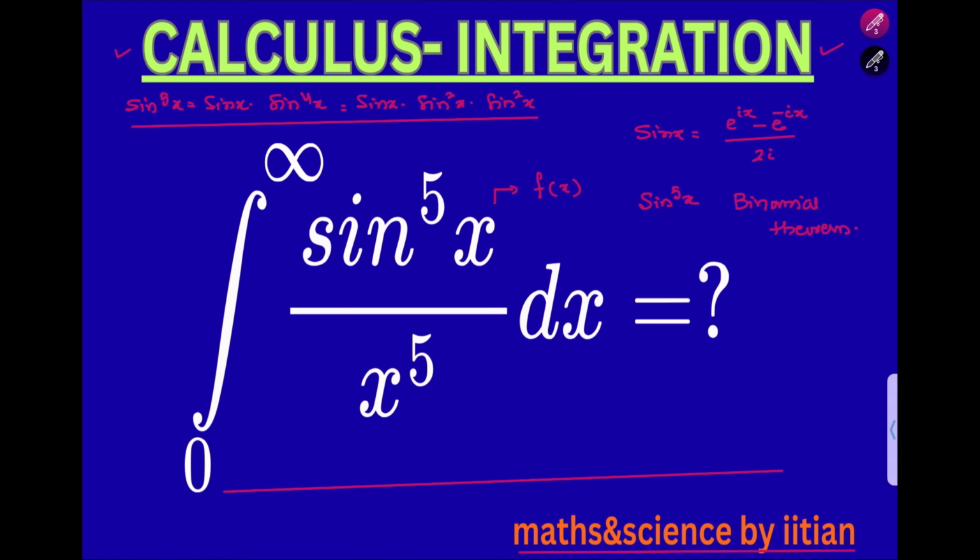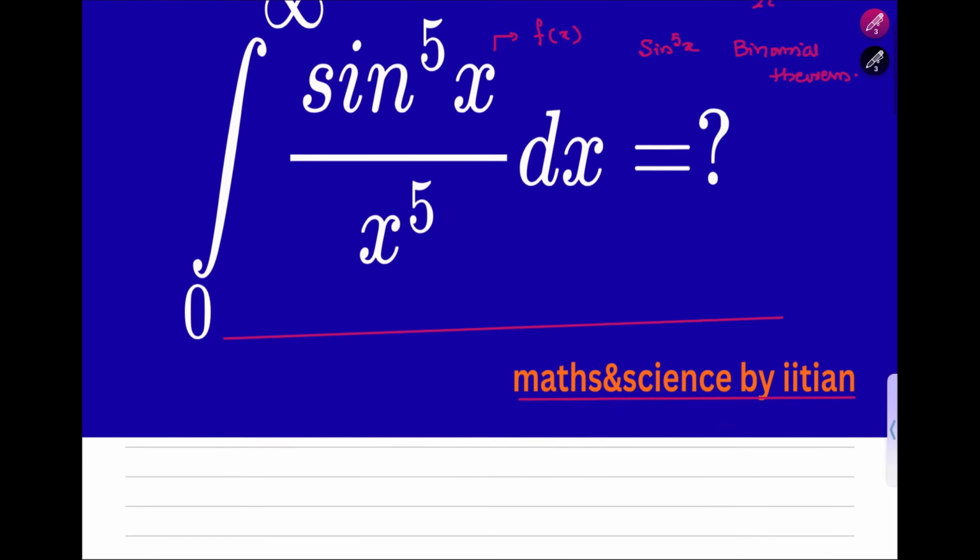This type of examples may be asked in the examinations regularly for CBSE class 12, for JEE Mains, JEE Advanced, CSIR mathematics, or GATE engineering mathematics, or any higher level mathematics examination. Let us try to solve this particular example using complex numbers and binomial theorem.